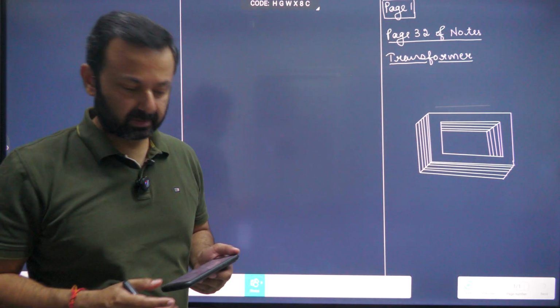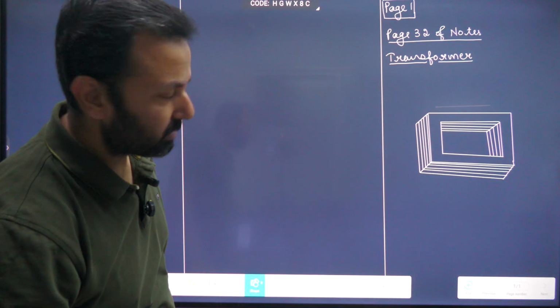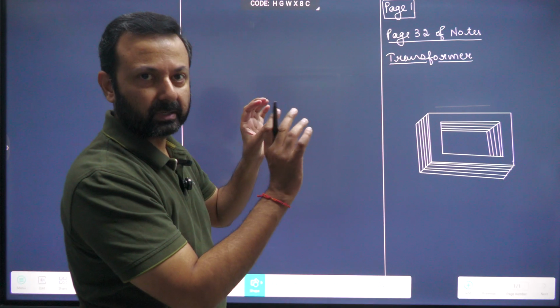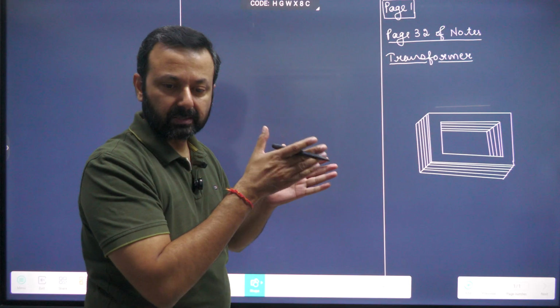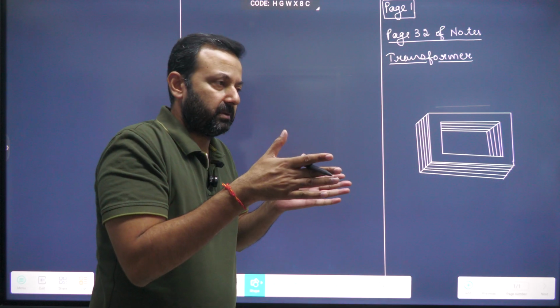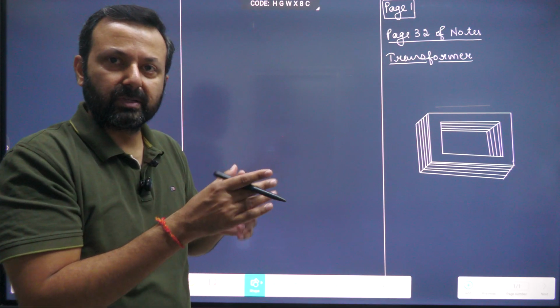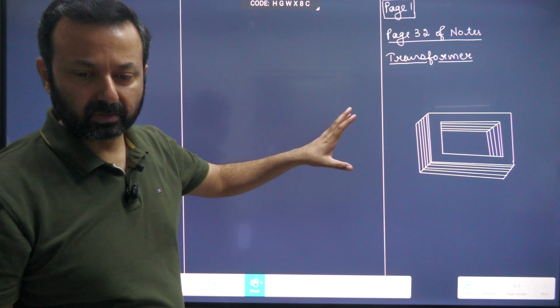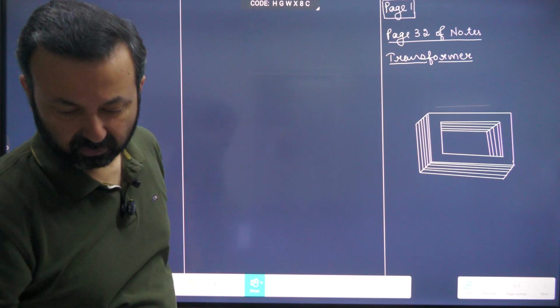A transformer is like this. We have hollow rectangular sheets, one over the other. We stack them one over the other, and this is called a transformer. This is the shape of a transformer.